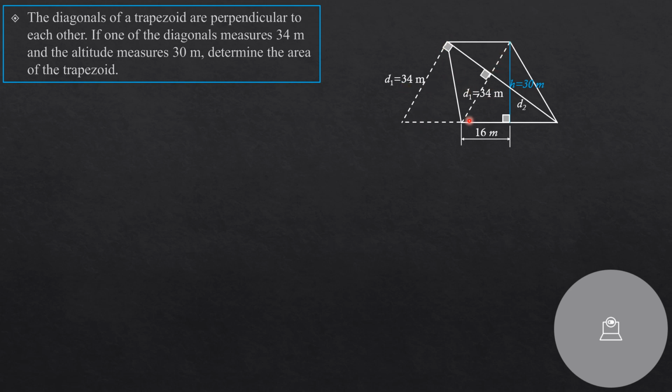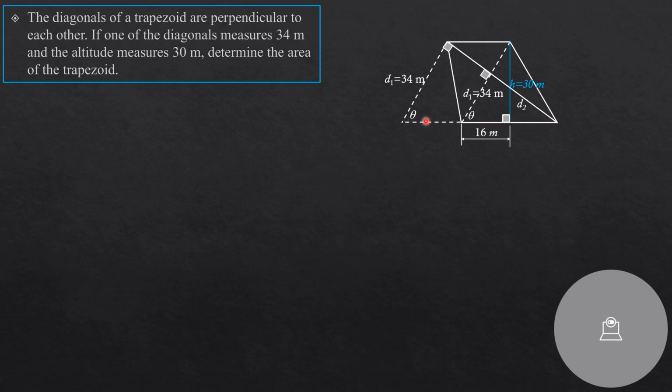And we have parallel sides, 34. So this is theta, and this is also theta. Now, to solve for the length of the second diagonal, we use similar triangles. We have similar triangles here. This triangle here is similar to this big triangle here. So I hope that you can follow.